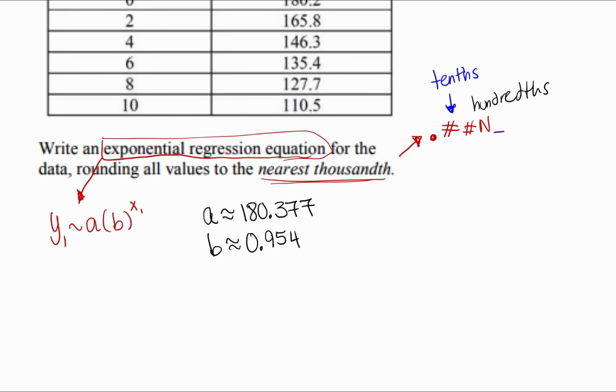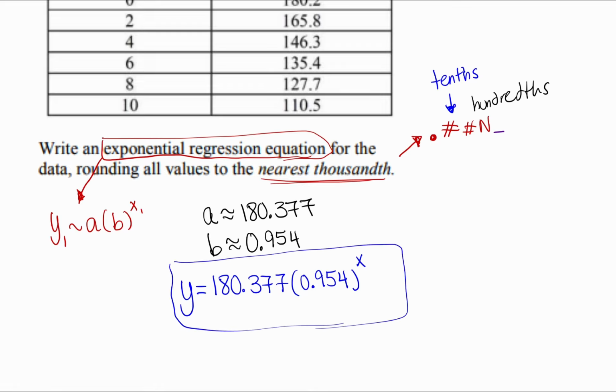From there, I will then substitute this information onto the regression equation. So I have y equals 180.377 parentheses 0.954 to the x power. There we go. And that's my exponential regression equation.